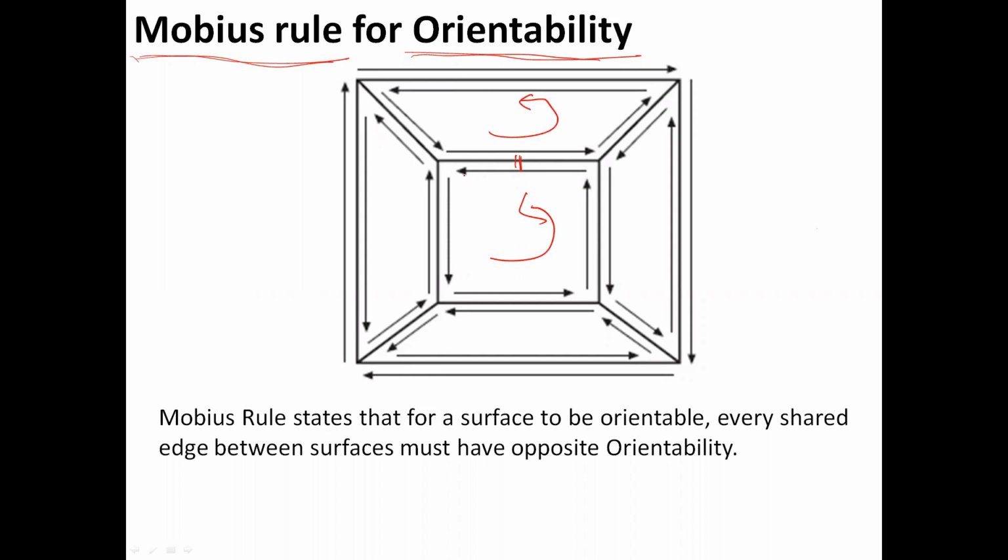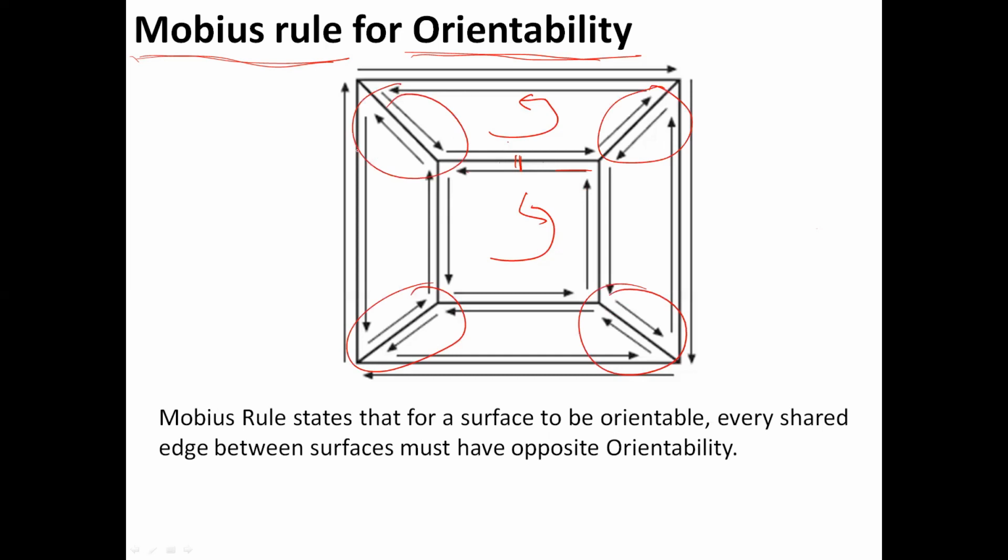So if I start to plot the orientability over here, this is the direction of orientability, whereas for the same shared edge on the opposite surface, the orientability is in the opposite direction. And this is going to hold true for all the shared edges.